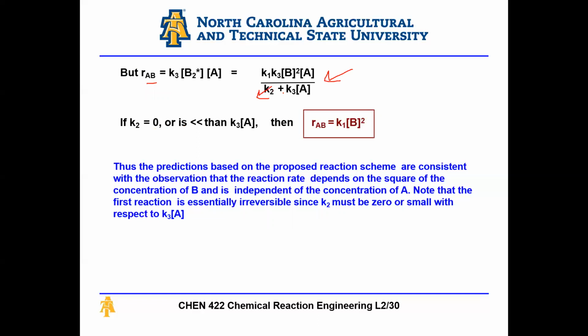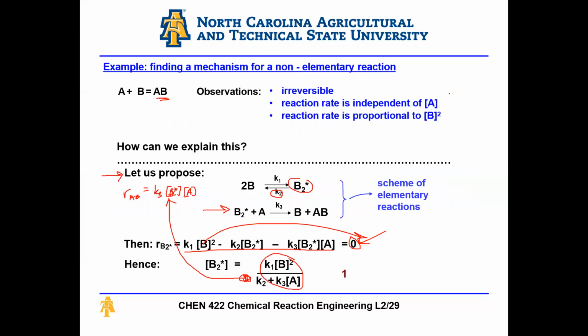If I assume that k2 is very low, this cancels out, the A cancels with the A, k3 cancels with the k3, and I get R_AB equal to k1 B squared. This matches what I see in experiments: it's independent of A and proportional to B squared, okay?